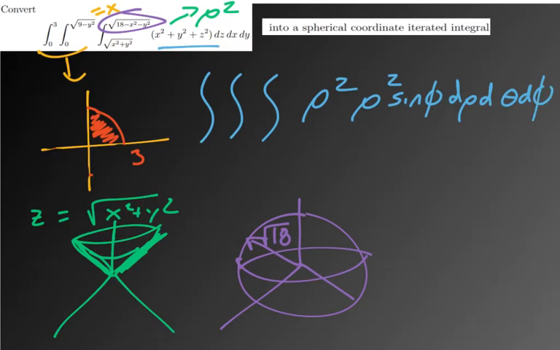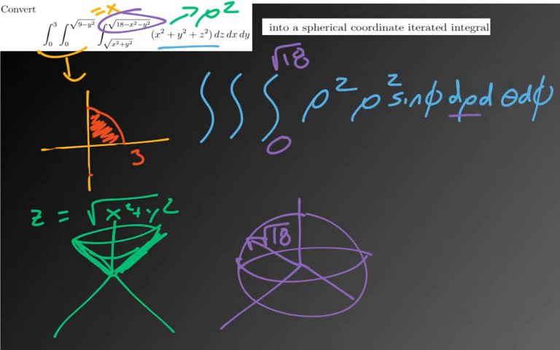And the rho is going from 0, right? 0 right here, 0 right here. And the outer thing is the sphere. So my radius measurement is 0 out to the square root of 18, okay?